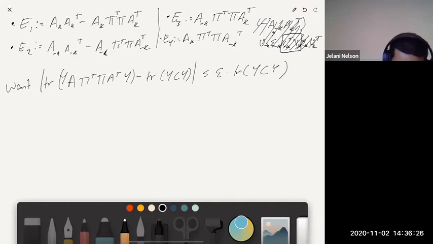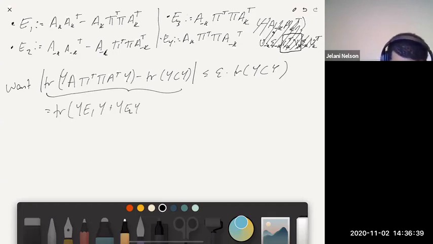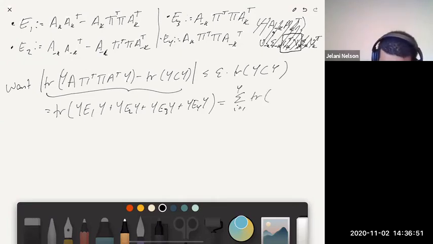But this now is exactly equal to the trace of YE1Y plus YE2Y plus YE3Y plus YE4Y. And trace is a linear operation. So this is the sum, i goes from 1 to 4, of the trace of YEiY.